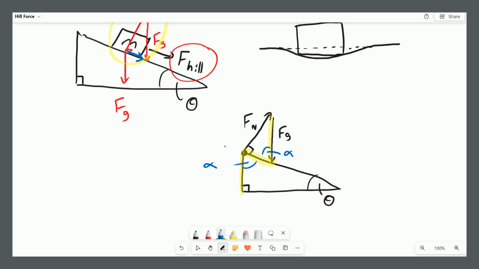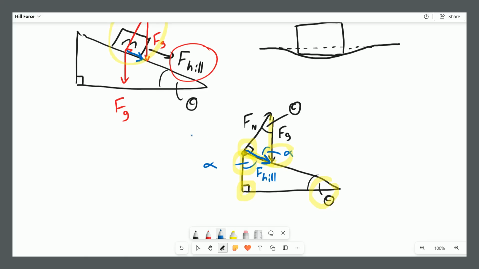And if they're similar triangles, because we have our 90-degree angle and theta and alpha, and on the top smaller triangle we have our 90-degree angle and alpha, this top angle here must also be angle theta. And recall that the Hill force ends up being this side of the triangle right there.